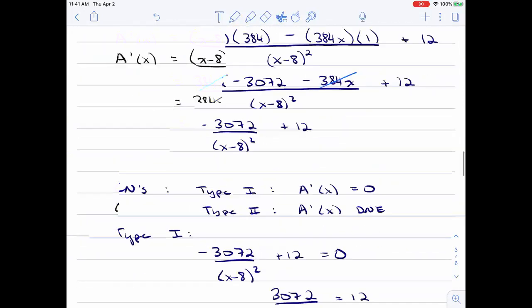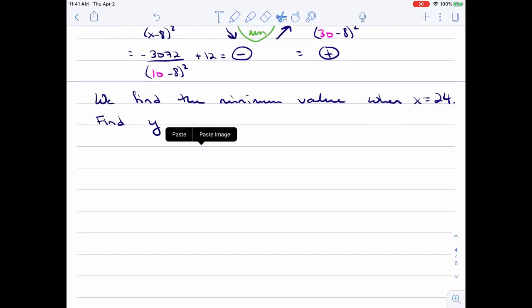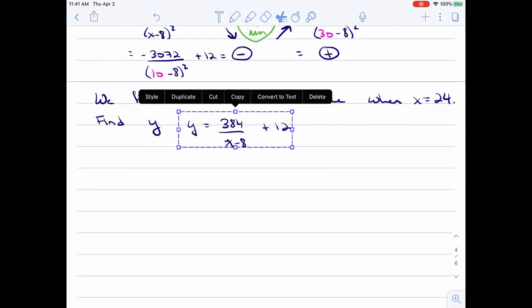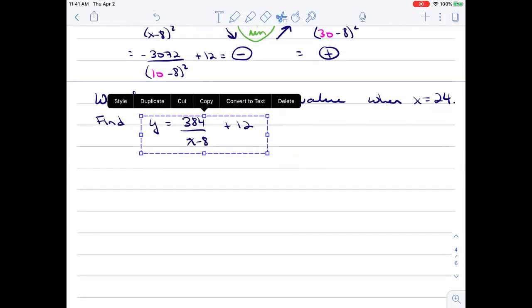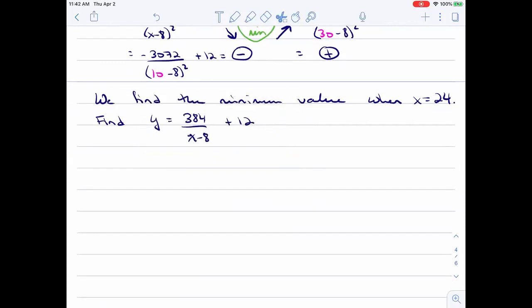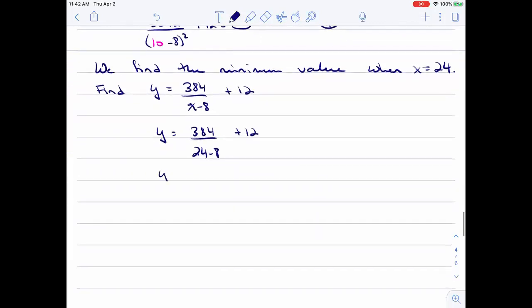Y is 384 over (x minus 8) plus 12. So y must be 384 over (24 minus 8), all plus 12. So y must be 36.